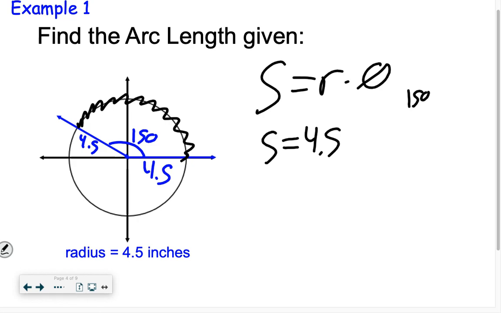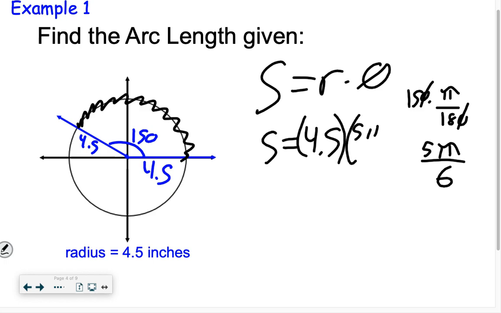So 150 times pi over 180. Zeros cancel out. You have 15 over 18. This time 3 goes into both. Okay, we got 5 pi over 6. So you have to multiply 4.5 times 5 pi over 6.